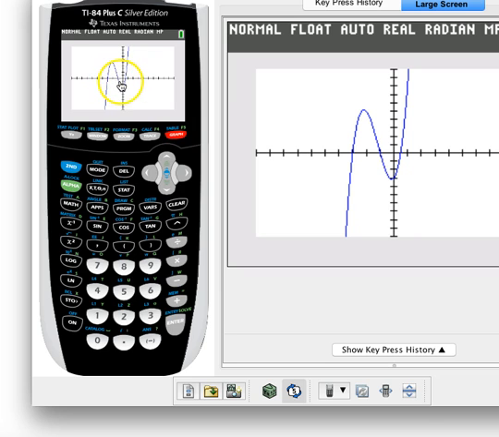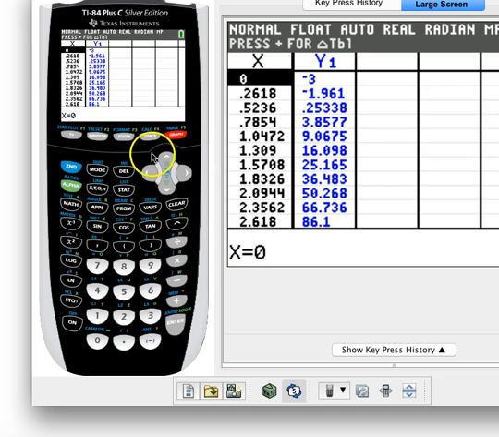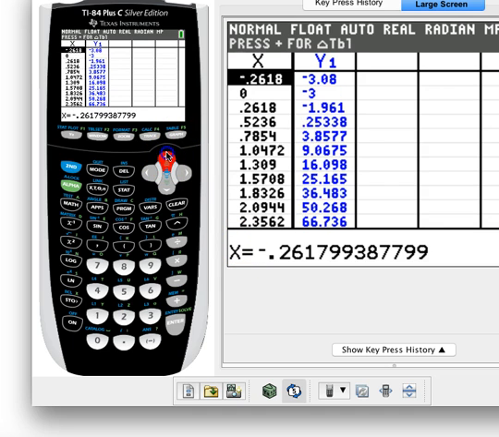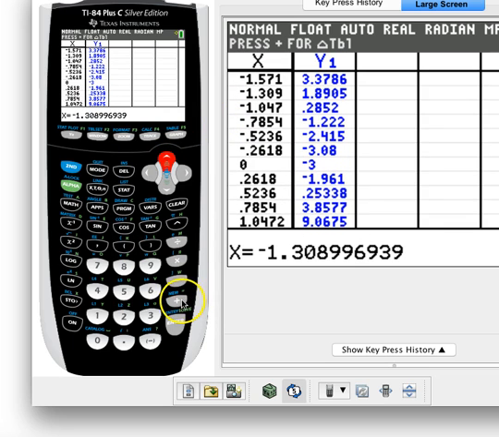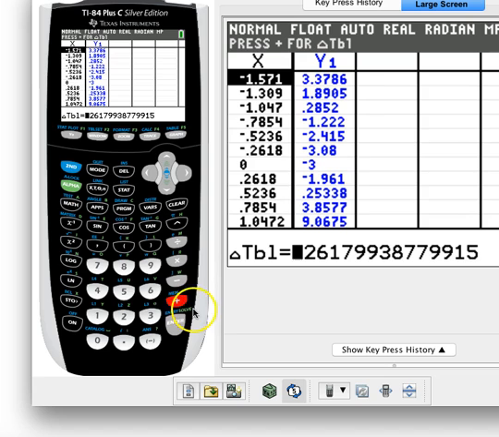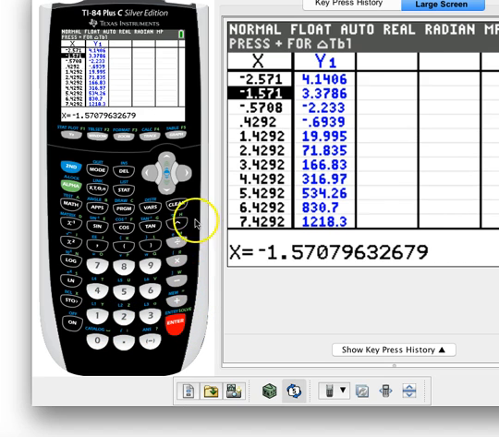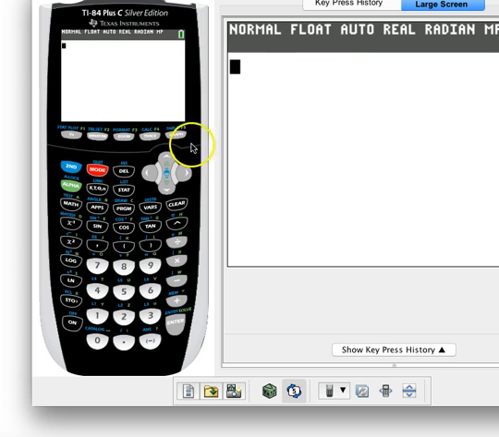Because it doesn't have the hover over, the way that you can check it is by pressing second graph and looking at the table. So if I scroll, I need to change my table step here. I don't know why that's being funky.